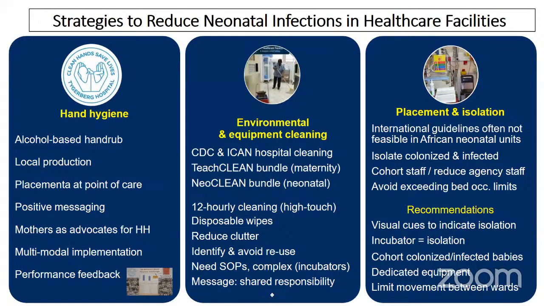But of course, on top of that, hand hygiene is important in terms of alcohol-based hand rub. And I think the mothers must be part of that in terms of education.